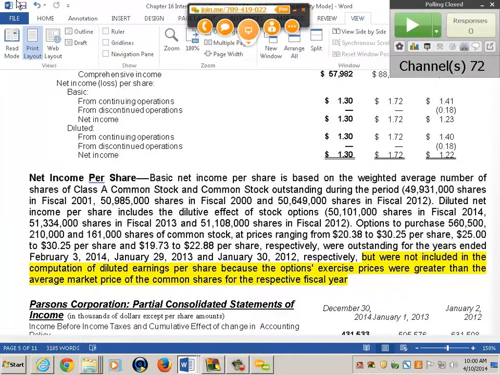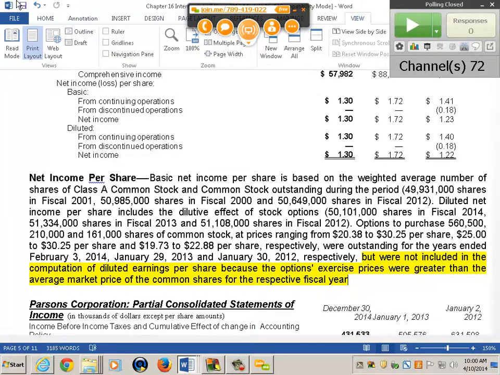So a poison pill preferred, which becomes voting upon certain conditions, which could be a merger, a potential takeover, or if the preferreds are cumulative and the dividends go into arrears and they automatically become voting, that would have to be disclosed there as well.